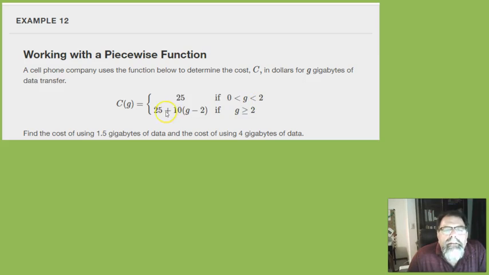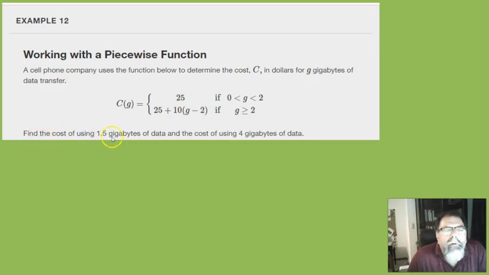And then it's $25, the flat fee, plus $10 times (G minus 2) if G is greater than or equal to 2. Okay, so if it's bigger than 2, you've got to do the $25 plus 10 times whatever G minus 2 is.